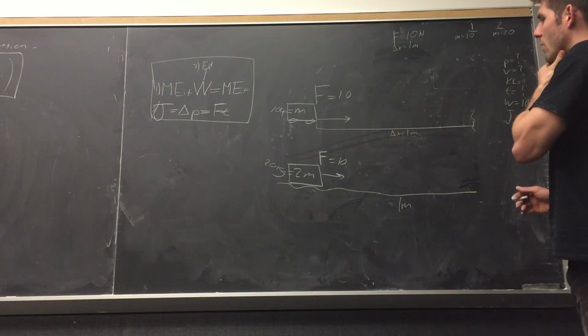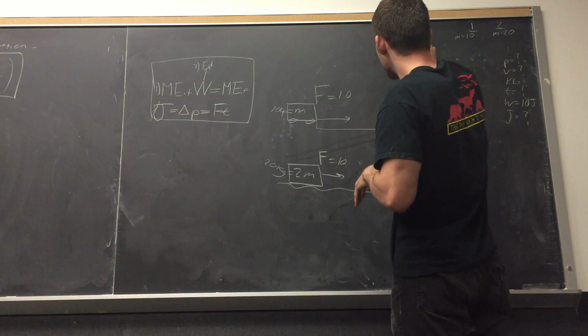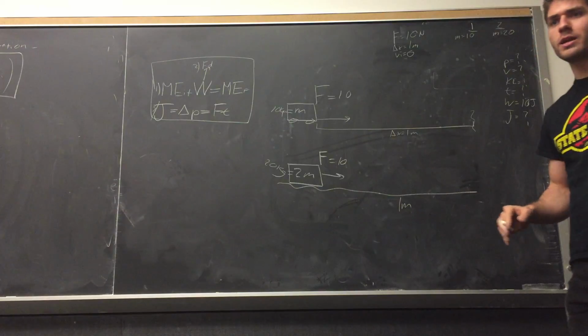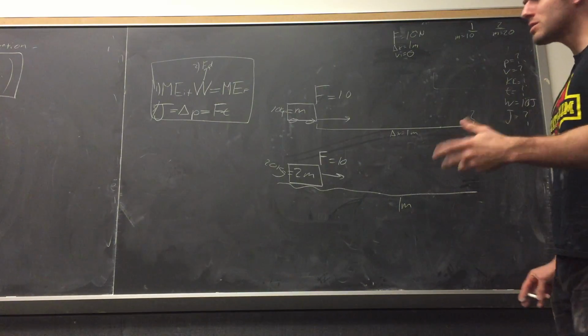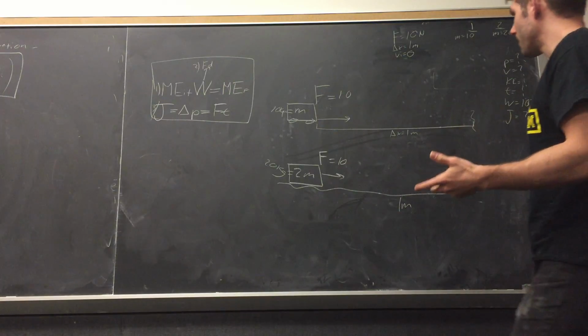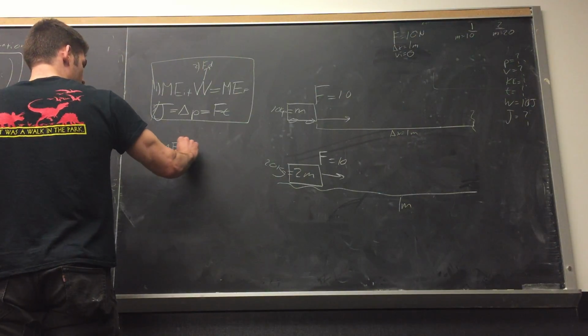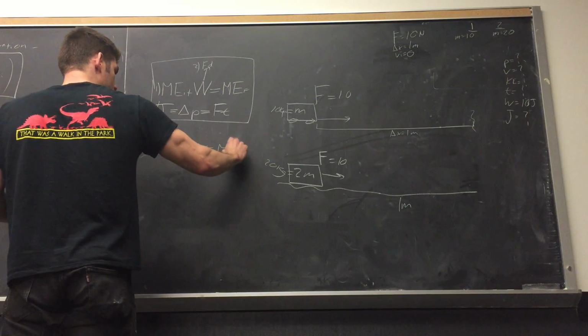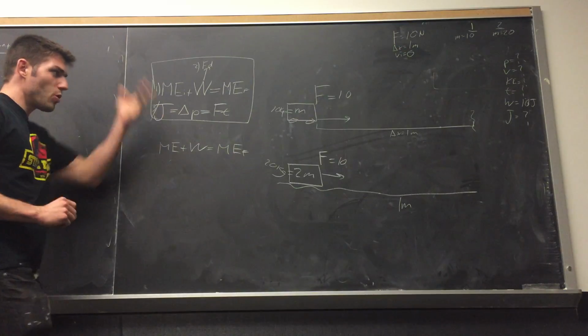Okay, well, I suppose we also know the initial velocity: it starts from rest. And if they don't tell you it starts from rest, assume it starts from rest. If it starts from rest, mechanical energy initial plus work equals mechanical energy final. Starting from rest means there's no height, there's no spring.